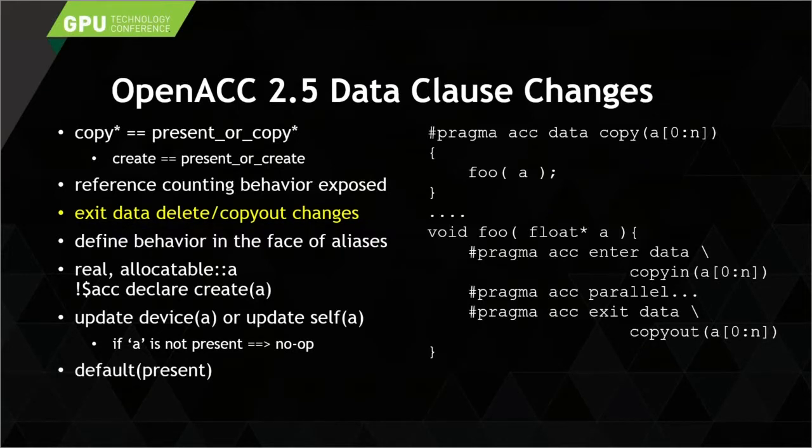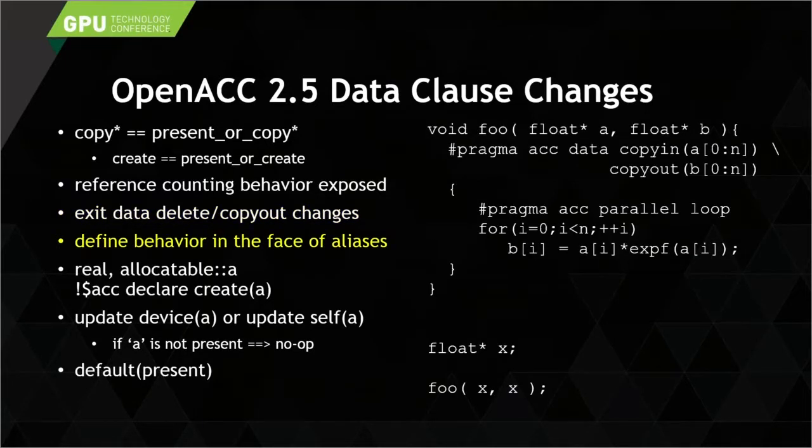There was a miscommunication because it was not strictly specified in the spec. It was specified in the minutes of their meetings, but it didn't make it into the specification. So we're going to fix this. We will also have a way for you to say, delete the data, regardless of your reference counts. But we're going to have reference counting behavior as a default for enter and exit data.